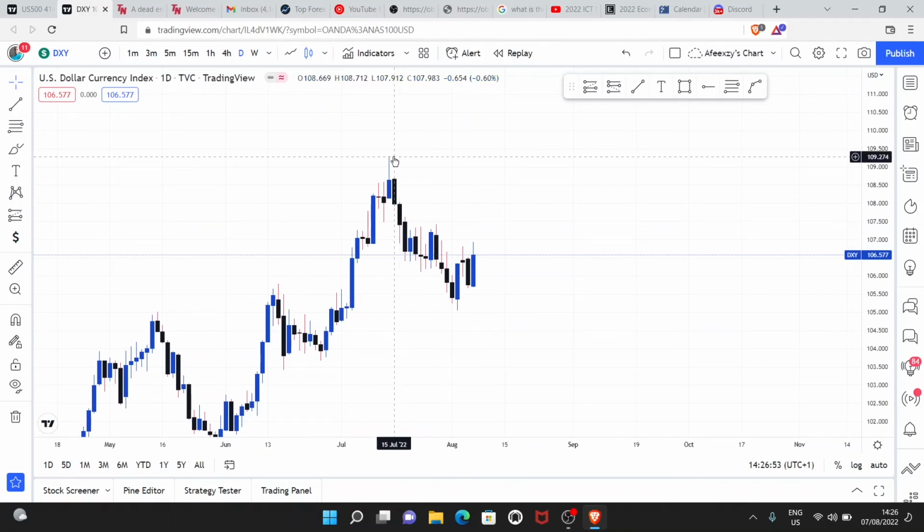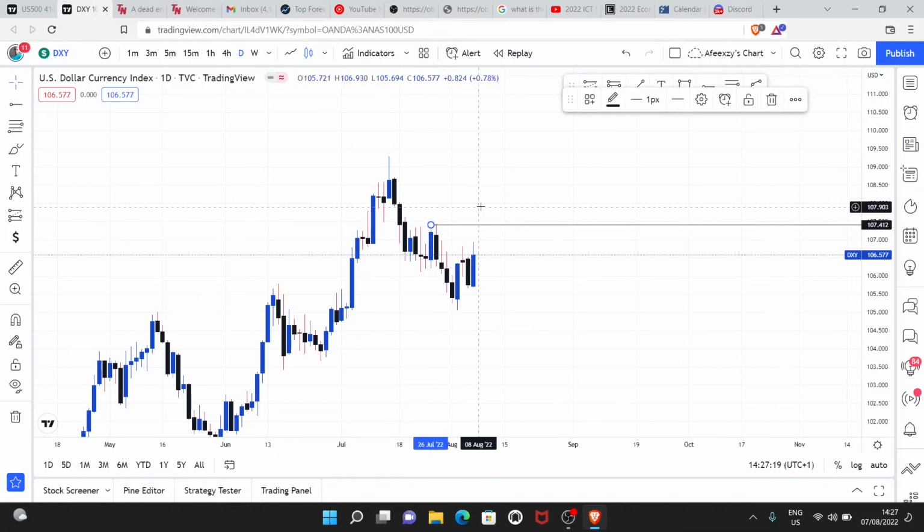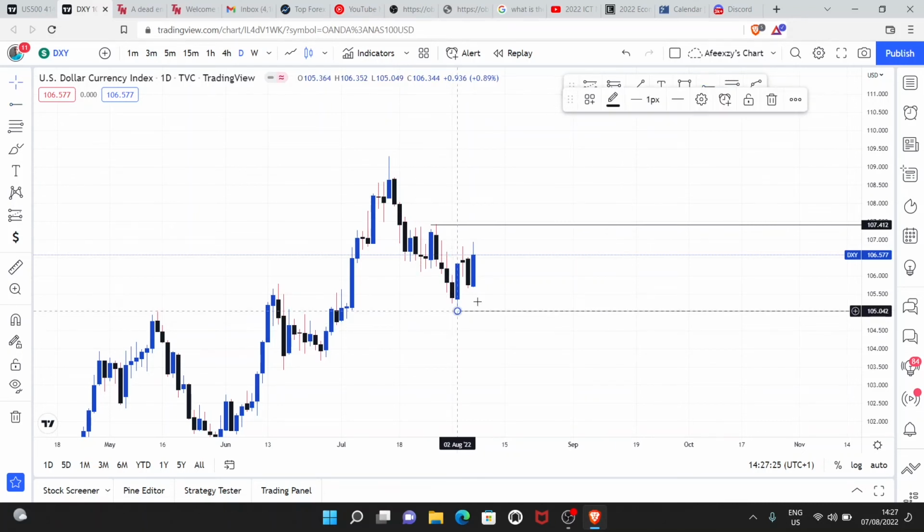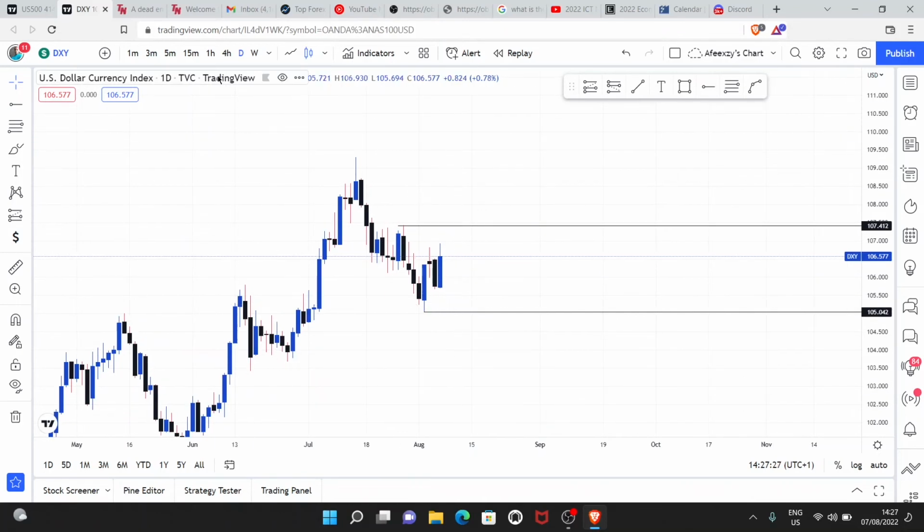I can see on our daily time frame here, and here, going down to our 4-hour time frame.